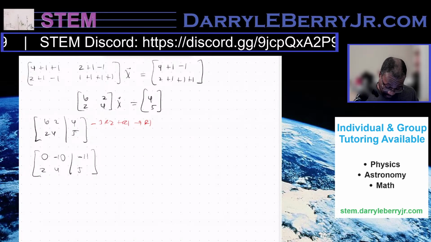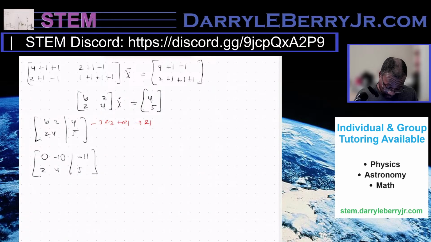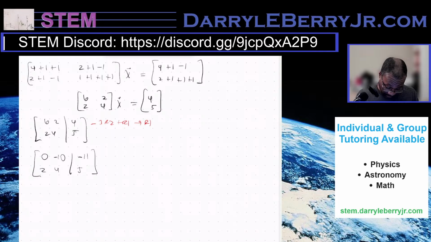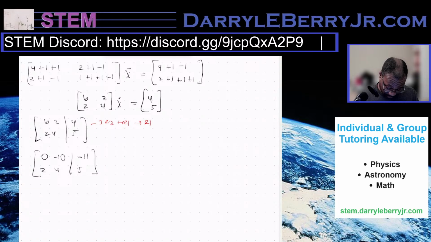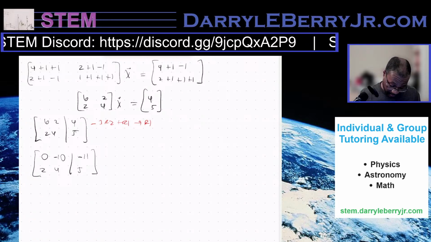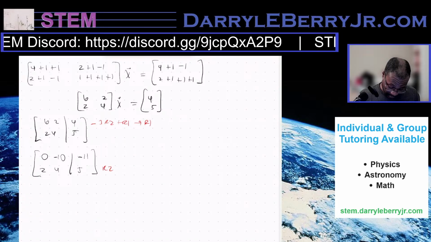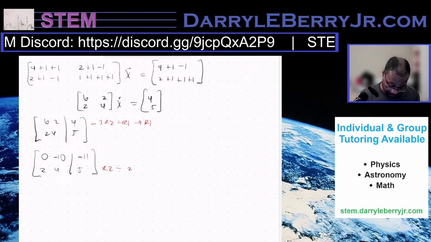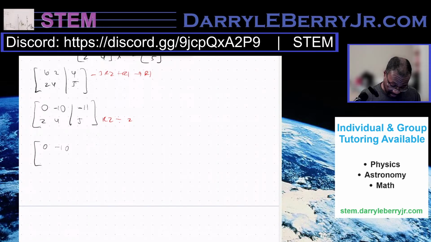Things, and I have a solution. Oh no, I looked at it incorrectly, I think. So why don't we divide row 2 by 2. That'll give me 0, negative 10.